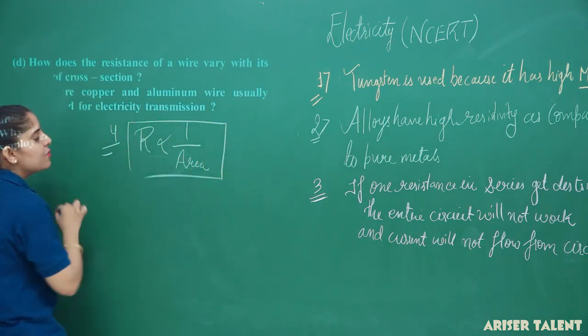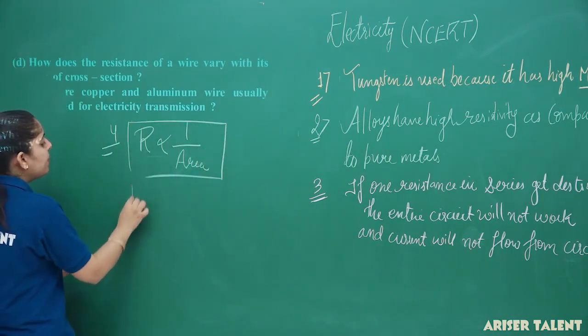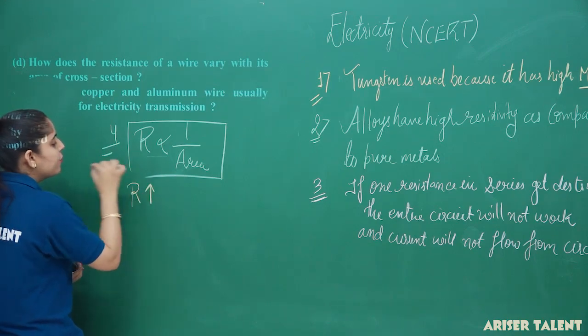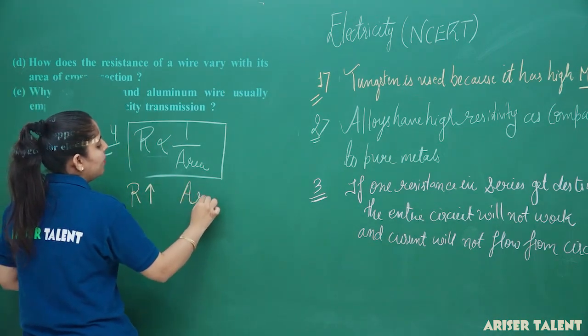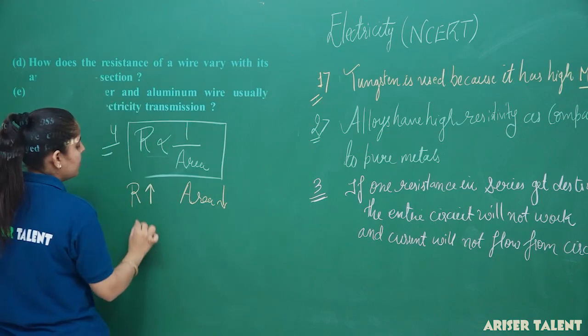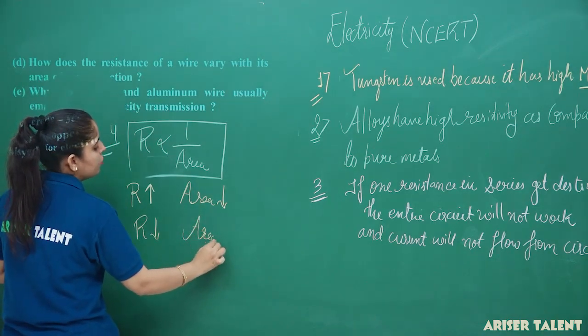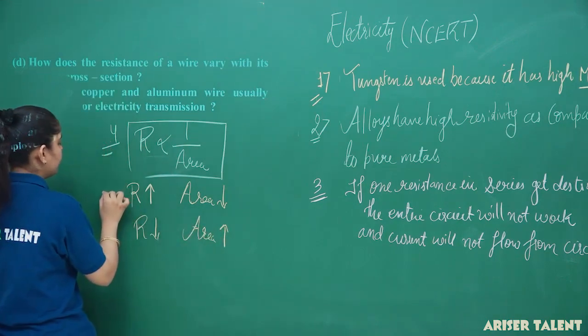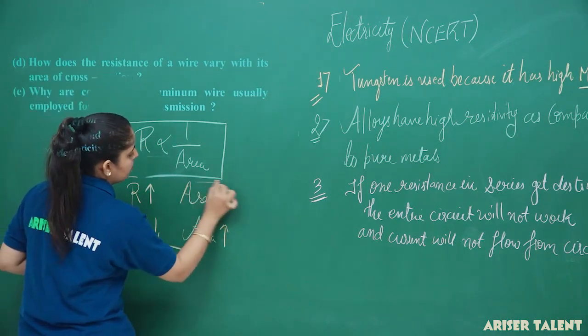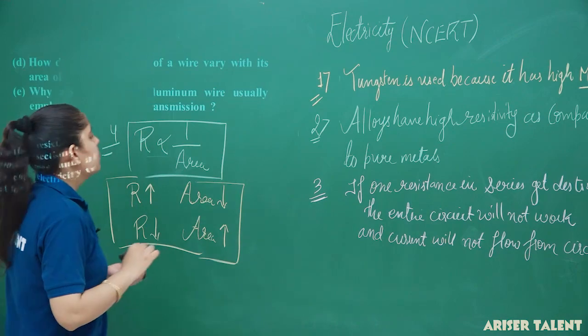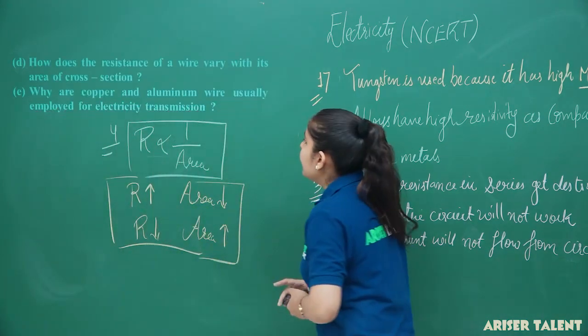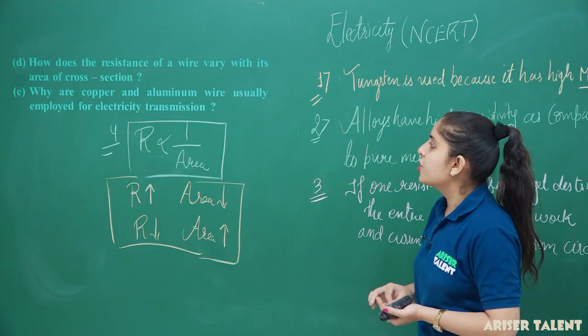So how will the resistance vary in the circuit? It means if resistance increases, area decreases. Resistance will decrease if you increase the area. So this is the inverse relation we have. So resistance will vary inversely with the area of cross section.